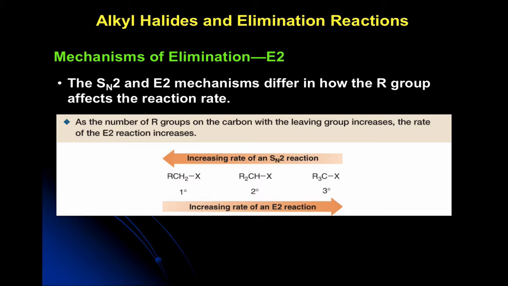It's exactly the opposite for the E2 reaction, okay? In the E2 reaction, tertiary alkyl halides actually react very, very quickly, whereas primary alkyl halides are much slower to eliminate, okay? And it has to do with the fact that in a tertiary alkyl halide, is that bond between carbon and bromine stronger or weaker?